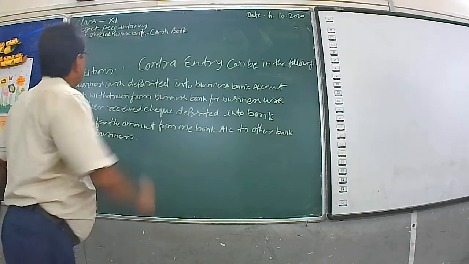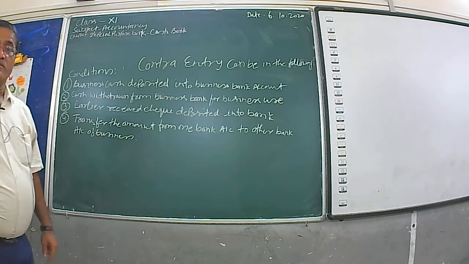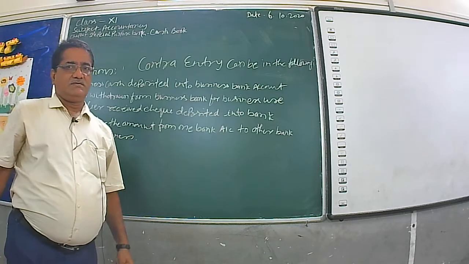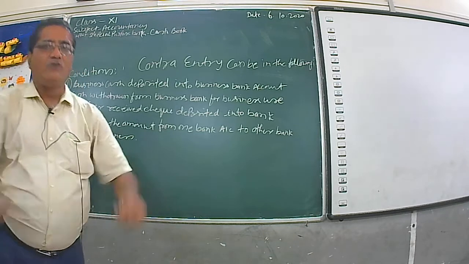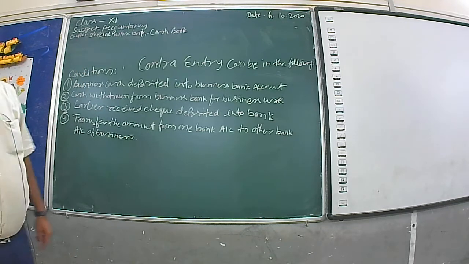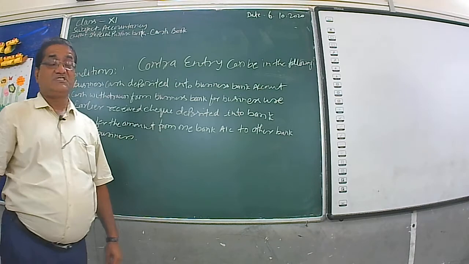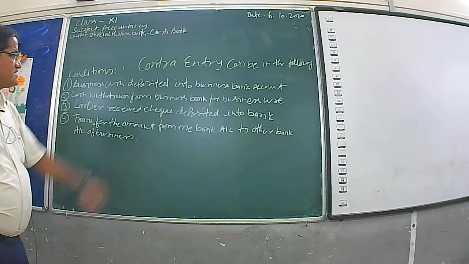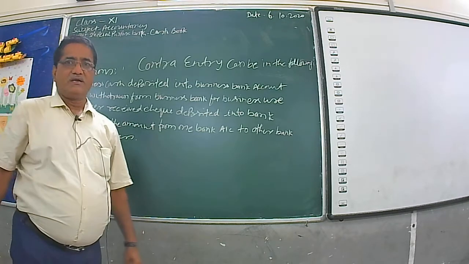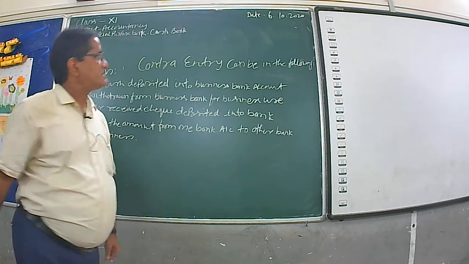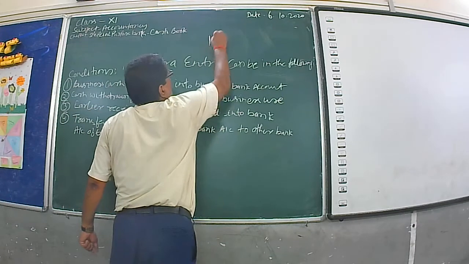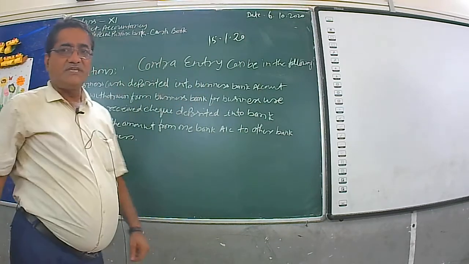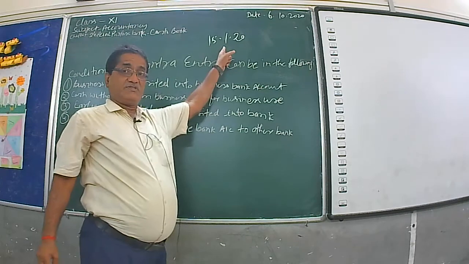In these cases there will be a contra entry: business cash deposited in the business bank account, or cash withdrawn from the business bank for business purpose, or an earlier check received and deposited into bank. It means a check received, suppose, on 15/1/20, is not deposited on the same date.